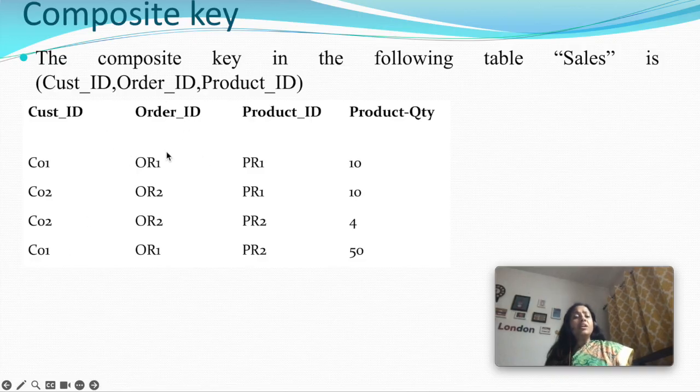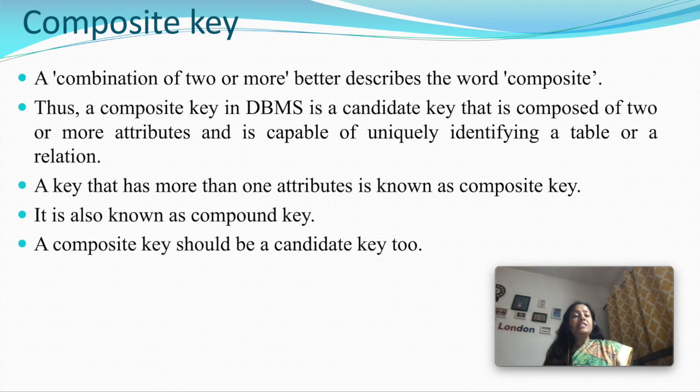Can I consider order ID alone as a key? No, because it is also repeated here. What about the product ID? No, again it is repeated. So all these three combined act as a key. And since there is more than one attribute there, we can call it a combination of two or more, or a composite key.